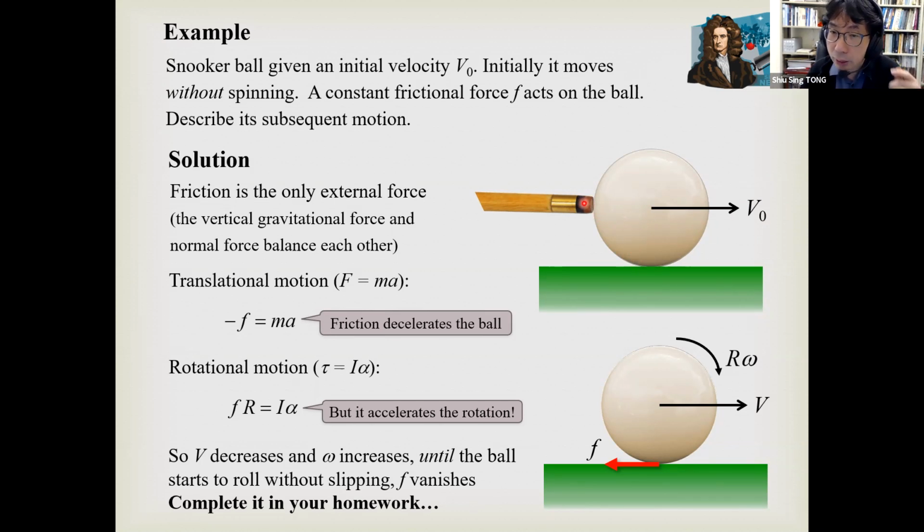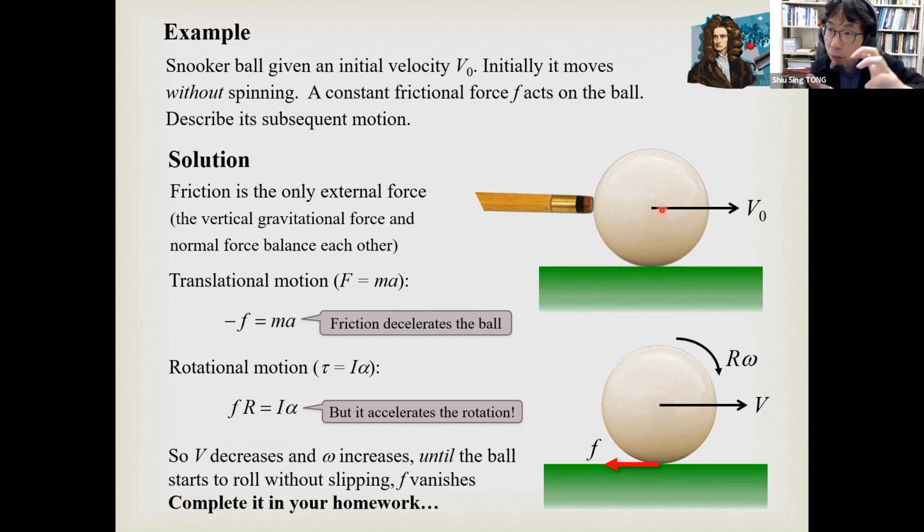But the duration that you hit the ball is very short. So there's not enough time for the frictional force to produce a torque on the ball. So essentially, after you hit the ball sharply, the ball does not have a rotation. It only has a translational motion, but not rotation at the beginning.